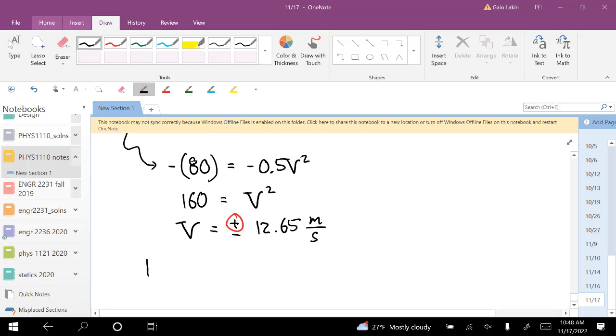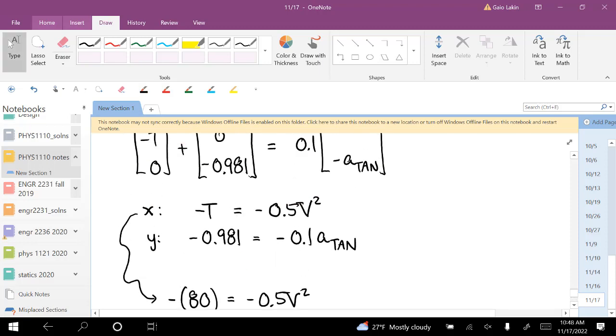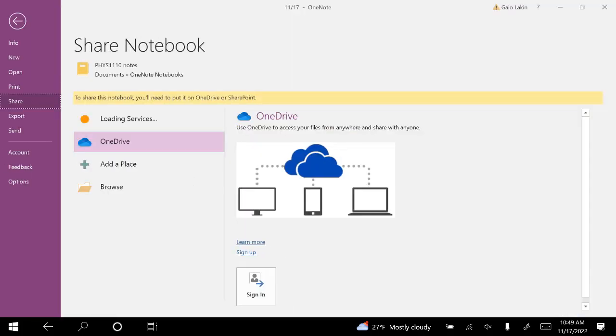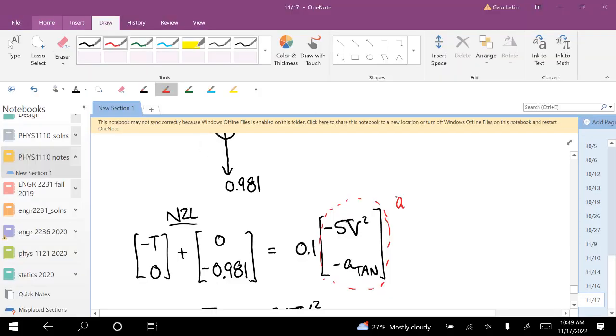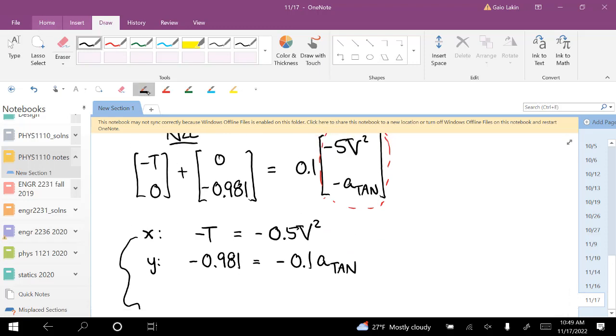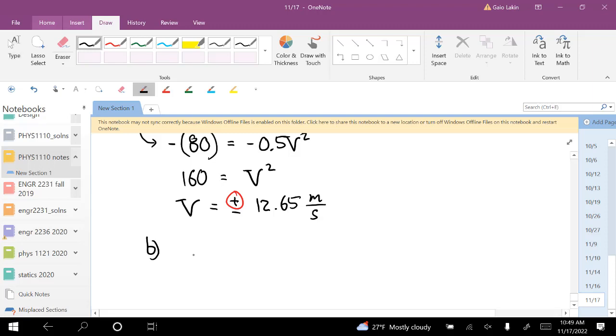And now for part B, we want a numeric answer for the acceleration at that instant. We have these two equations, and we have that the acceleration is, this is the total acceleration vector. All we need to do is fill in those variables. So first, I'm going to write this again. So A is equal to negative 5 v squared, negative a tangential.